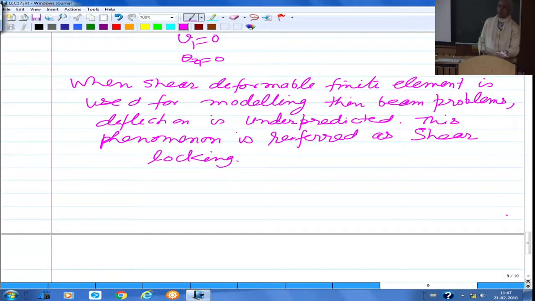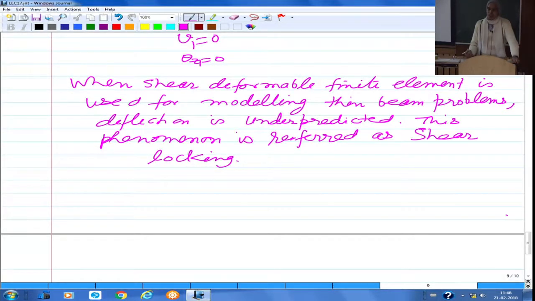A similar phenomenon occurs when we talk of 2D and 3D problems where there are volumetric deformations, and there are situations where the deformation is volume conserving. That means the body is deforming without any change in volume, so the volumetric strain is zero. If you don't use a proper element, that can give rise to what is known as volumetric locking. Many elastomeric materials have nearly incompressible deformation.